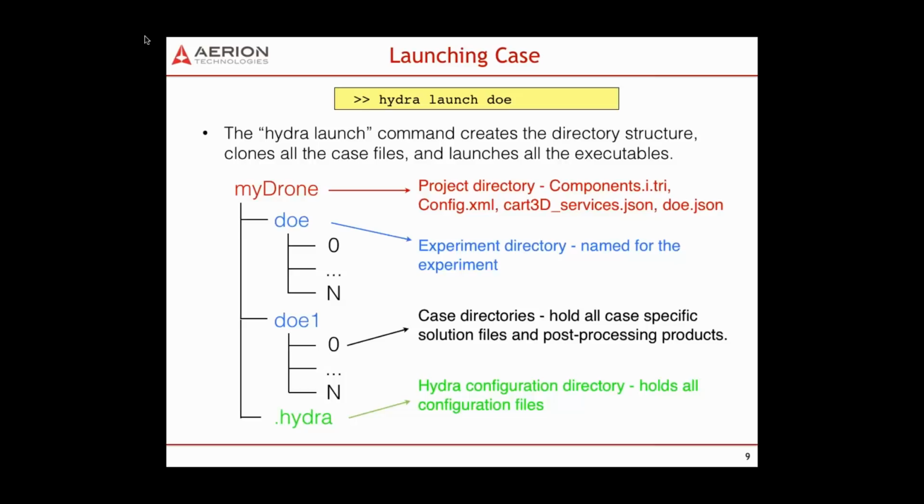There's a project directory, which we were originally in, and then there's an experiment directory in this particular case called DOE demo, which contains all of the case directories which hold the case-specific solutions, and they're identified as integers there in black. In this particular case, there'll be 9 case directories which are created. There's also a .hydra file which is created when one types in the init, which holds the configuration-specific files.